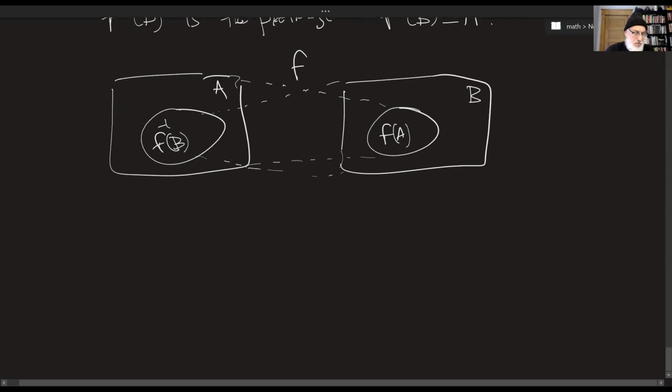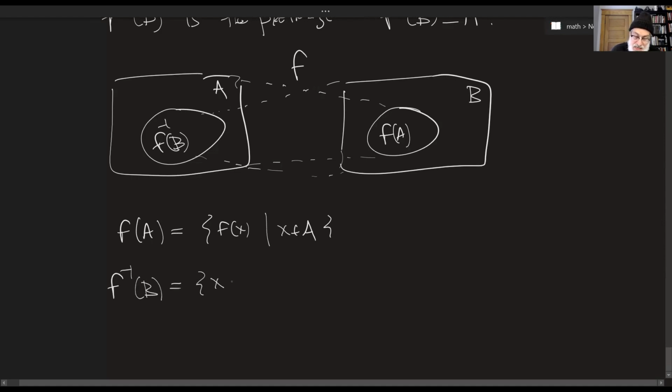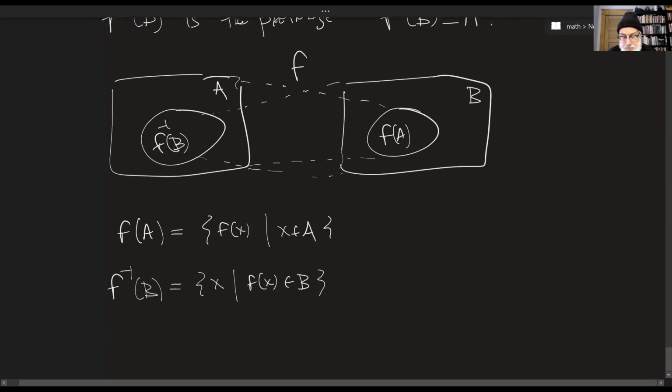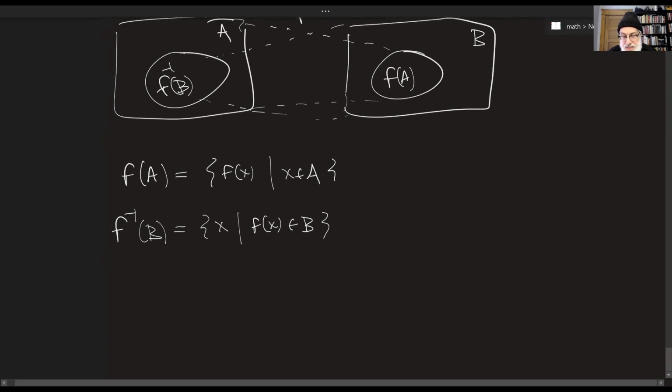Let me write out the literal definitions of this. So the set f of A, and it is a set, is all of the elements f of x such that x originates in A. And then the preimage are all the elements x such that f of x is in B. Now, this is just a handy notation of what I set up here, where they reside and how they're defined.